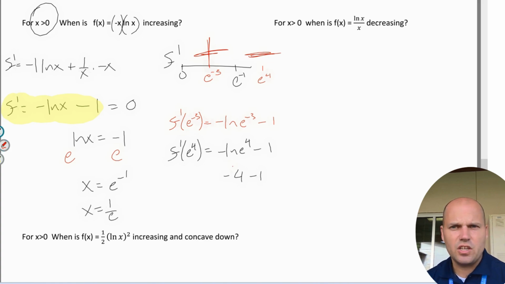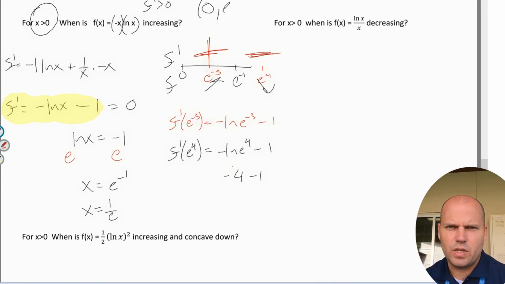When is the function increasing? When the derivative is positive. The derivative is positive from 0 to e to the negative first.